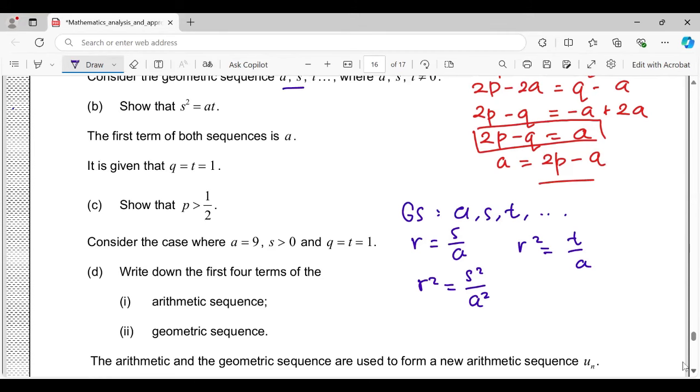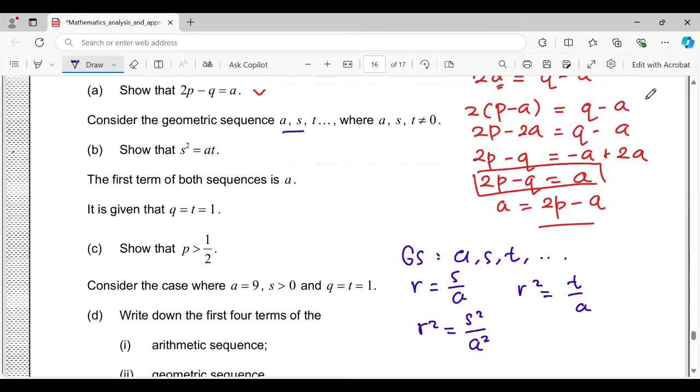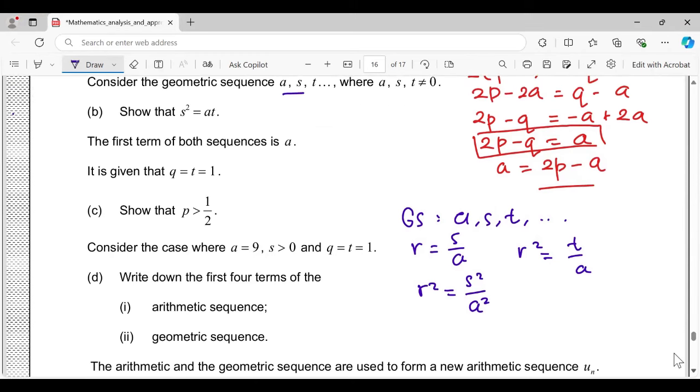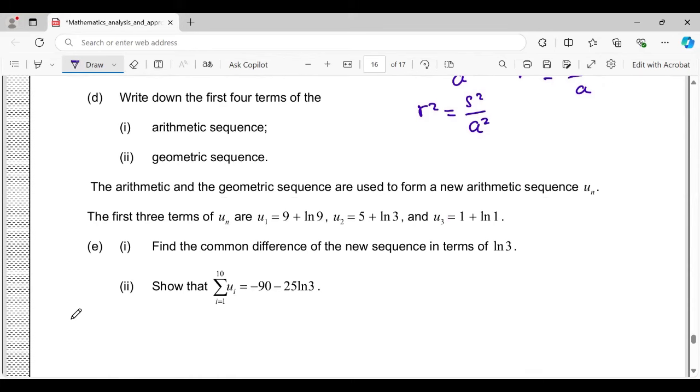So r squared equals t over a. This one r squared, and r squared equals r squared.